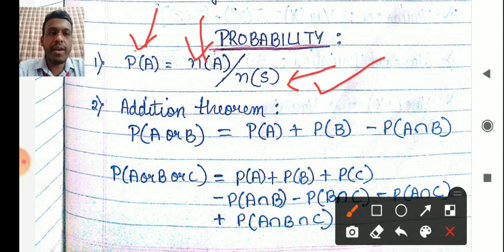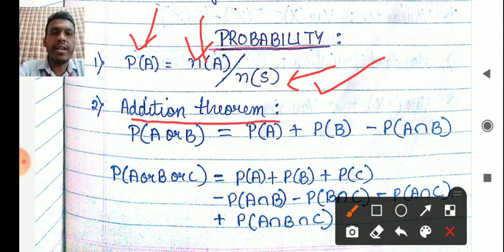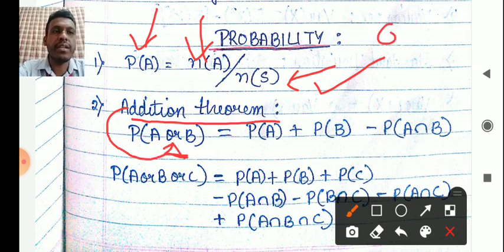The second formula that is there is the addition theorem. One 5-mark question can be expected from the addition theorem. Addition theorem is written as probability of A or B. Remember this, whenever addition is there, you always have the word or. Whenever or comes, this means it is plus.